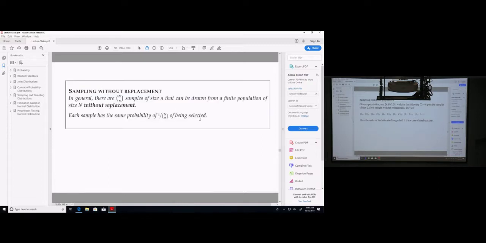Okay, sampling without replacement. So that is N choose n. That is where your first chapter is about. And if this is a simple random sampling, then every sample, there are N choose n of them, is equally likely. So I have 1 out of N choose n.